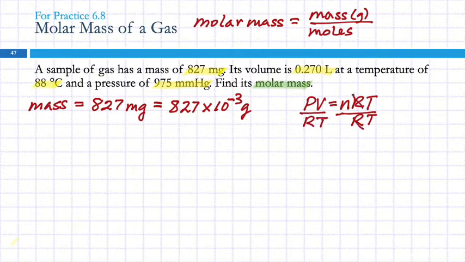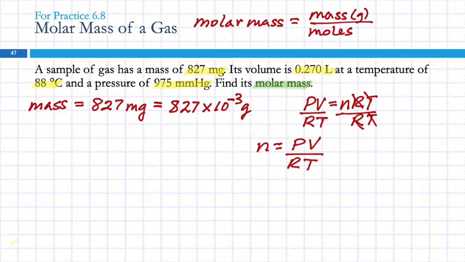The R's cancel out, the T's cancel out on this side, and we end up with n is equal to the pressure times the volume divided by R and T. If you have any trouble rearranging this equation, please come talk to me and we'll get it figured out, because it's kind of important to know how to do that.